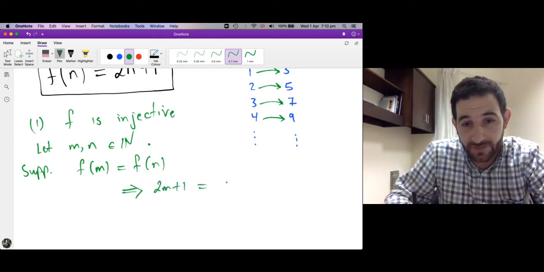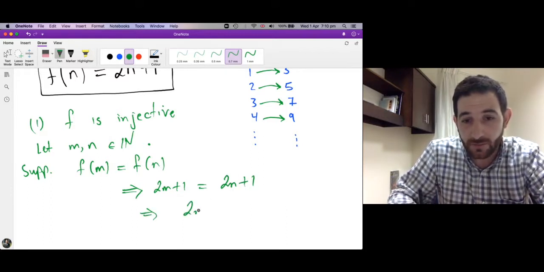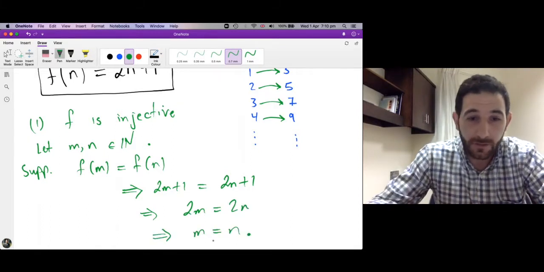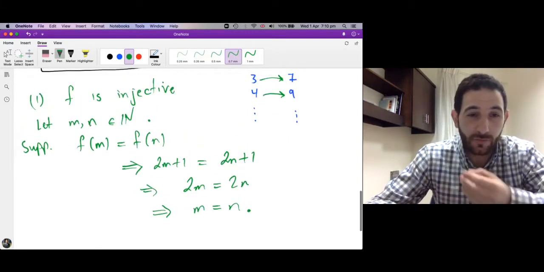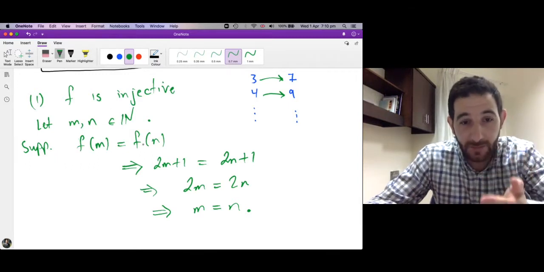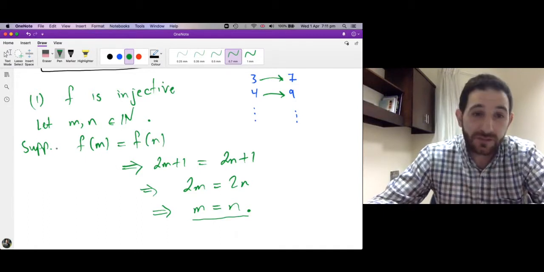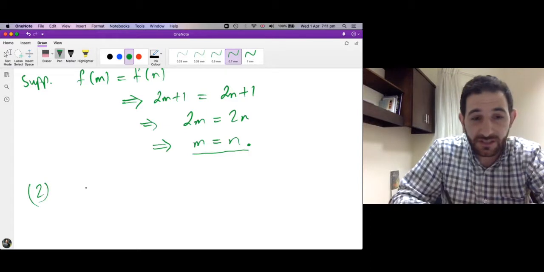And what's the image of n? It's 2n plus 1. But if we subtract 1 from both sides, then 2m is equal to 2n, and then dividing by 2, this means m is equal to n. This shows that this function is injective, right? Because what we showed is that if you choose any two elements in the domain and they have the same image, they turned out to be the same element. This shows injectivity.